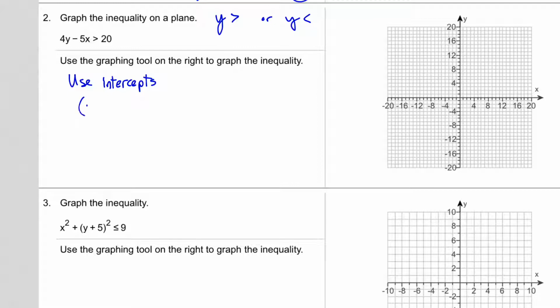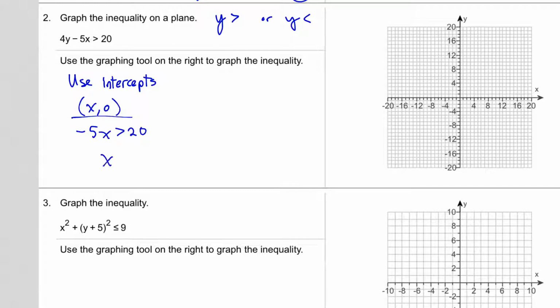So to find the x-intercept, we make y 0. If y is 0, then that means negative 5x is greater than 20, because the y made that 4 go to 0.